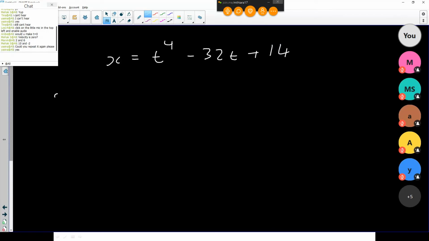And for part A, it wants us to find velocity when t equals 3. I'm just going to put here s for displacement. This is s, it's not anything else. How am I going to find the velocity from my displacement formula here? I want you to have a little think about my previous slide, and type in the chat box and tell me how I'm going to find out my velocity formula.